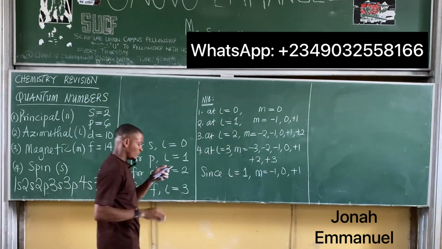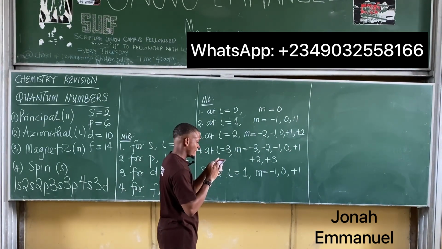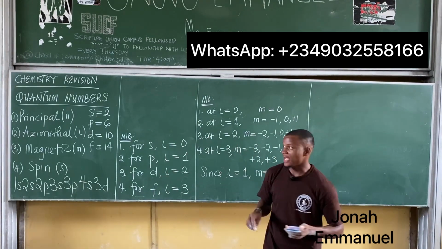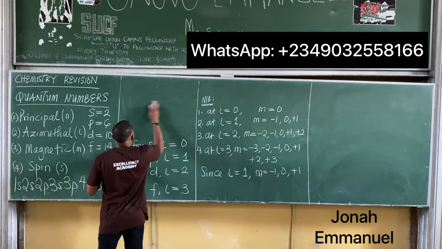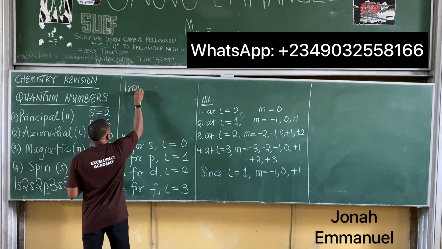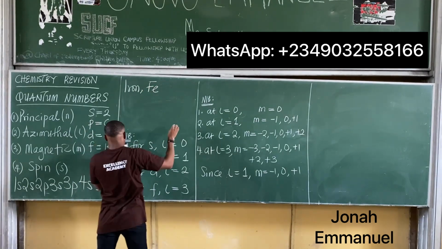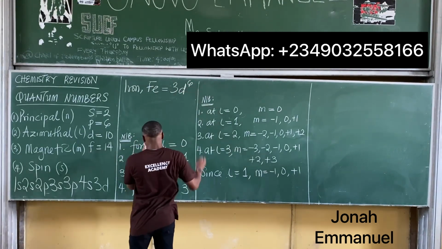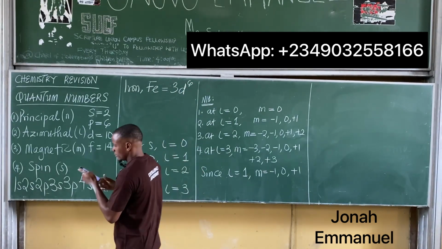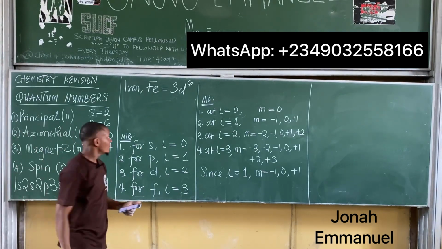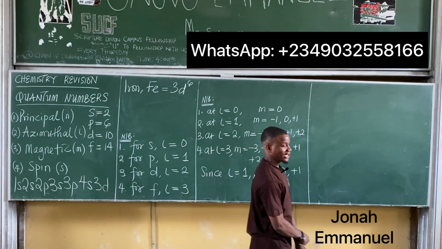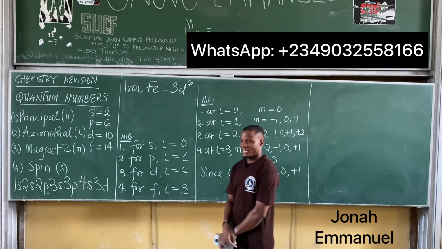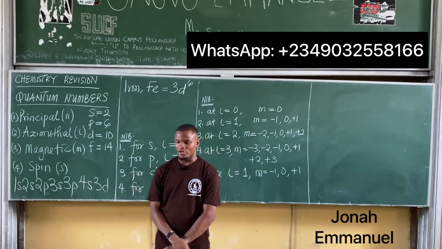Take down, please. Find the quantum numbers for the ion Fe, given that the last shell is 3d to the power 6.